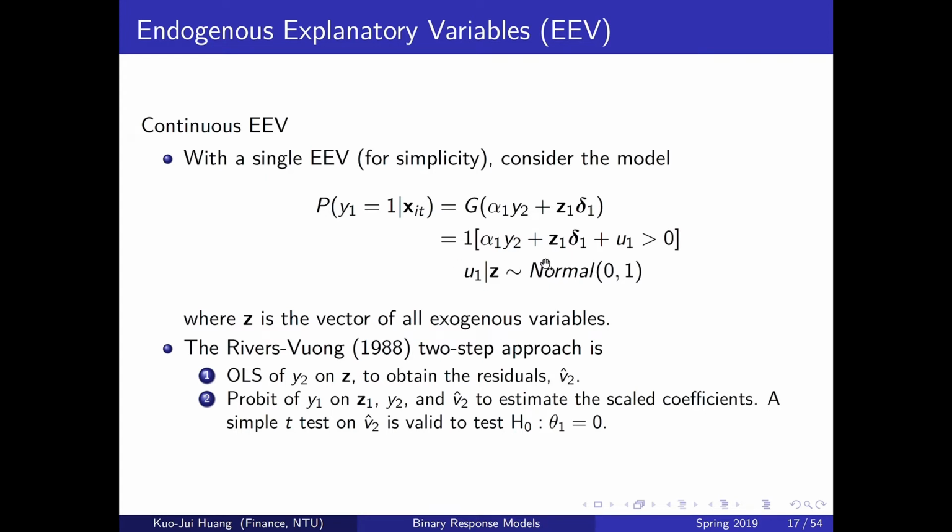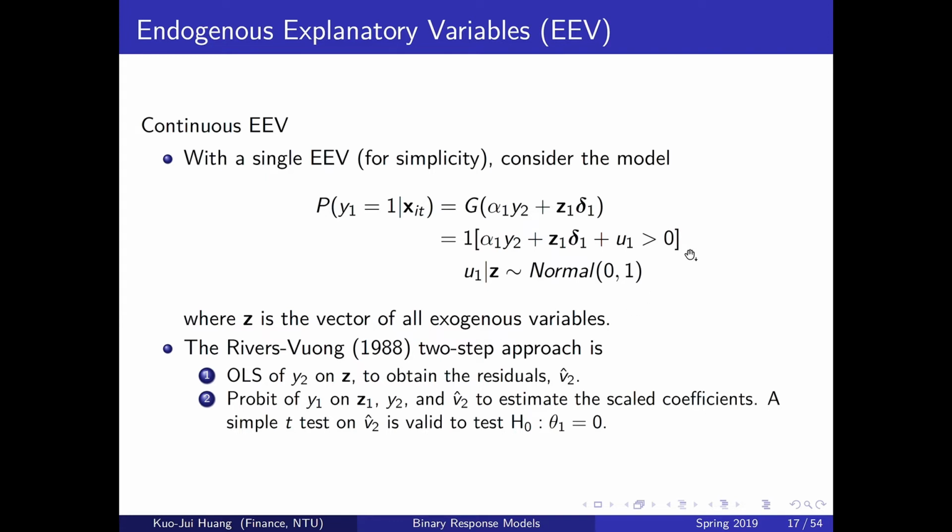This function takes the value of 1 only when the argument is larger than 0, and u1 is the error term, which follows the normal distribution of 0, 1. Z is the vector of all exogenous variables, which includes the exogenous variables in the original model.